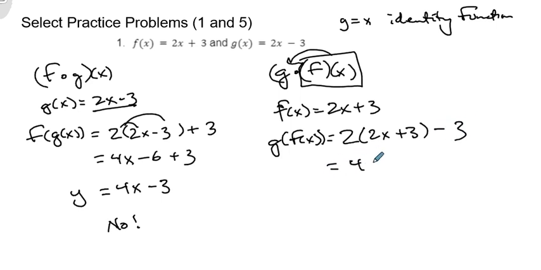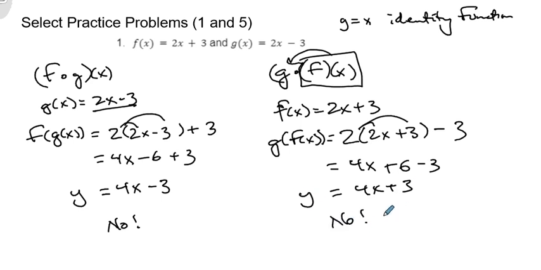You get something pretty similar: 4x plus 3, which is a clear no as well. So they are not inverses of each other.